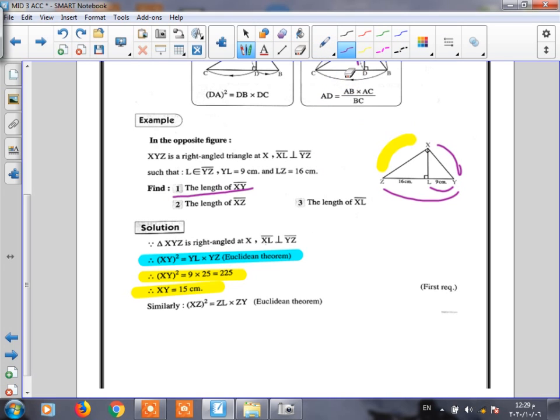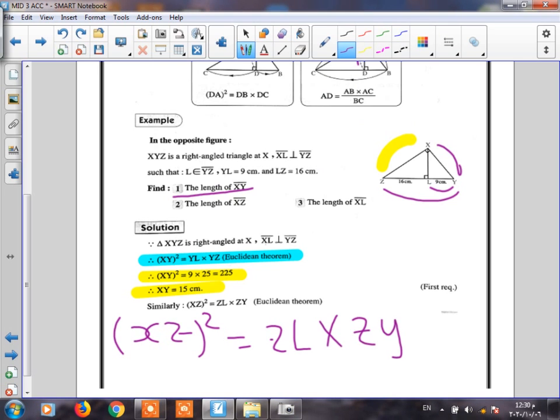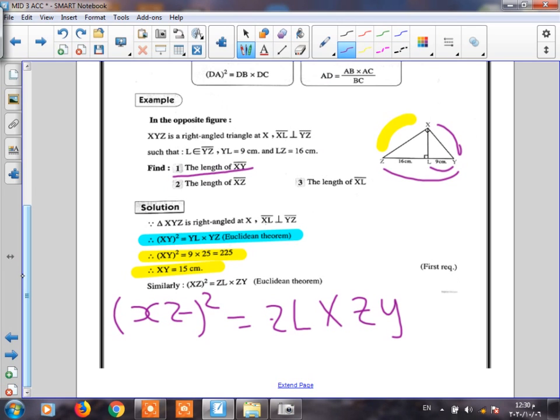I know that XZ squared equal ZL times ZY. That's equal 16 times 25. Okay? After this I can get the root of this side.